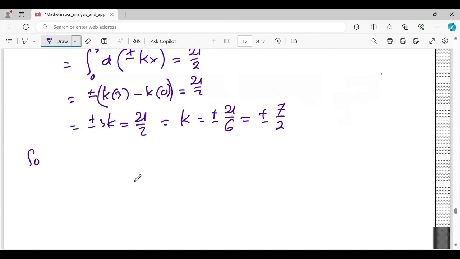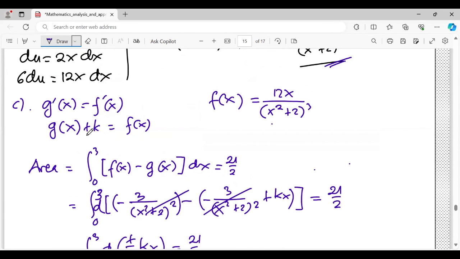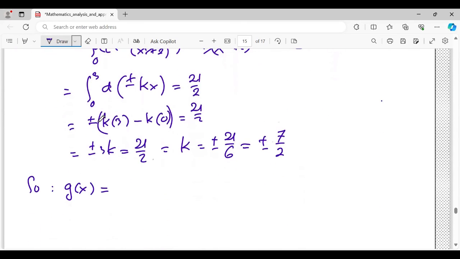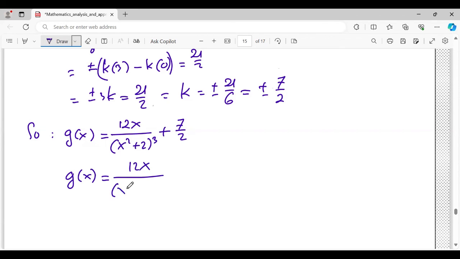So we can state that g(x) equals f(x) plus 7 over 2, that is, g(x) equals 12x over (x squared plus 2) cubed plus 7 half, and g(x) equals 12x over (x squared plus 2) cubed minus 7 half.